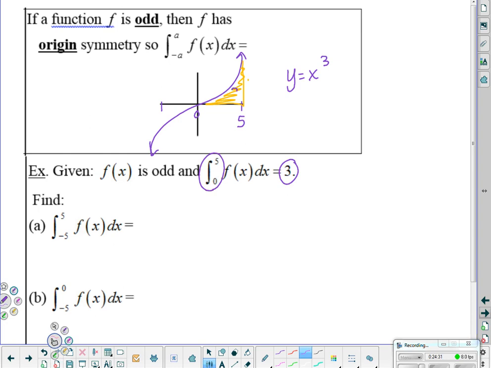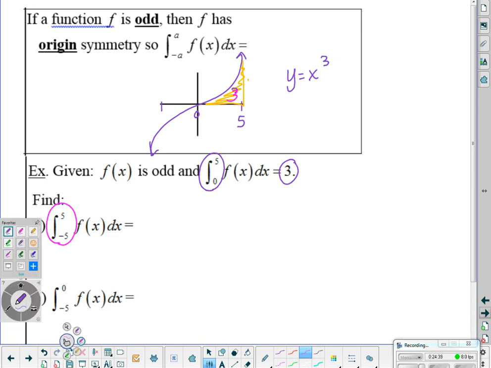So the first question, of course, is going to ask from negative 5 to 5. Negative 5 would be positioned over here, and my region under the curve would be this region, wouldn't it? And that region would have a -3 area since it's under the x-axis.